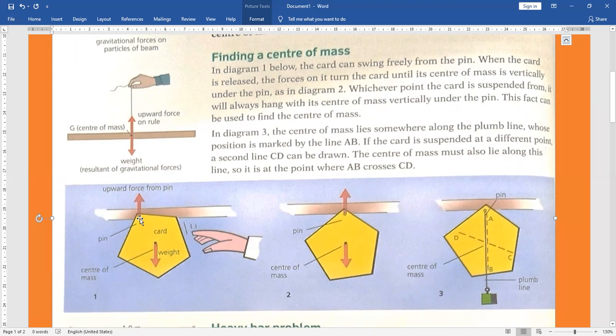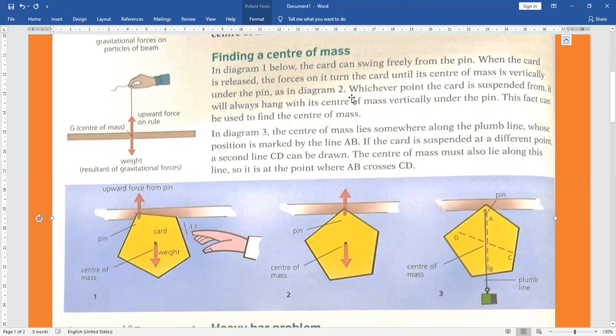अगर आप एक पिन से इसको अटैच कर लें और उसको आप रोटेट करें तो वो इधर उधर एक तरफ मूव करेगा और एक जगह पे रुक जाएगा, सेटल हो जाएगा. When the card is released, the force on it turns the card till its center of mass is vertically under the pin.